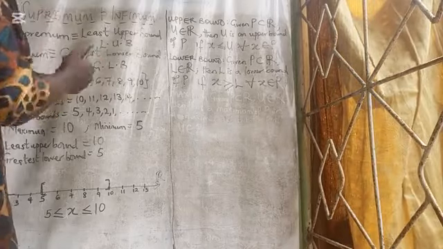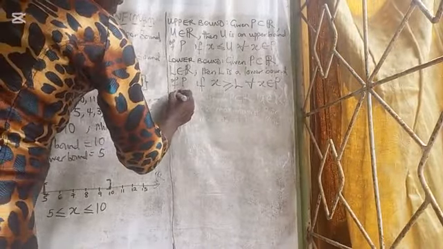Let's now try to define maximum and minimum. In line with upper bound and lower bound, we want to talk about the maximum.